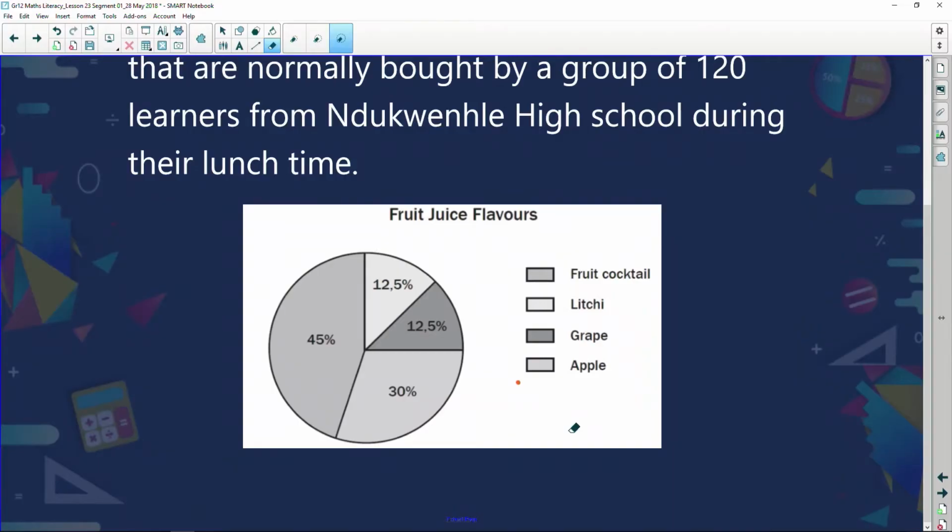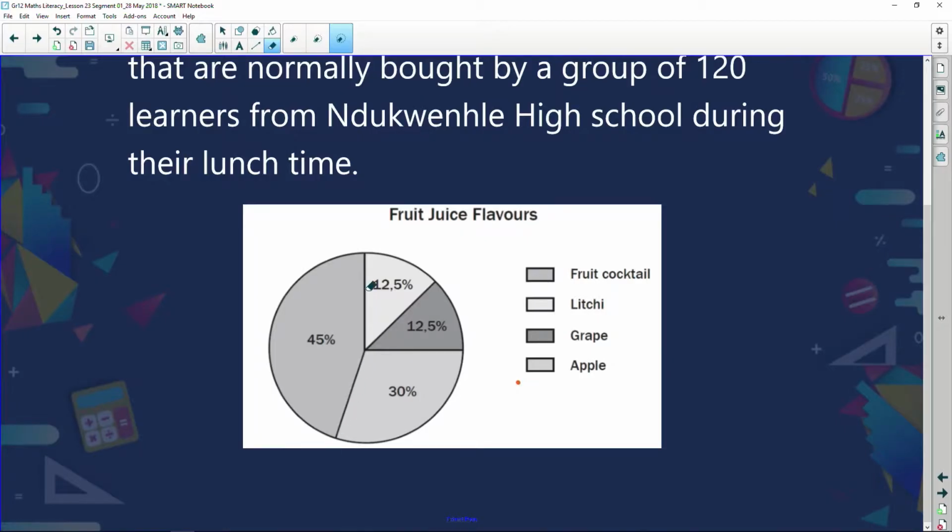And the thing I love about a pie chart is straight away we can see how much one thing takes up of the whole. For example, we can see that this light gray shade here takes up quite a bit of the whole. So whatever this is, it's really popular amongst kids. It takes up a big area.